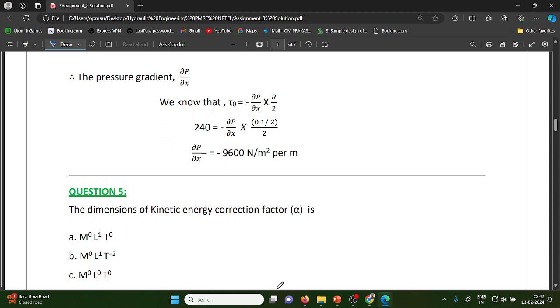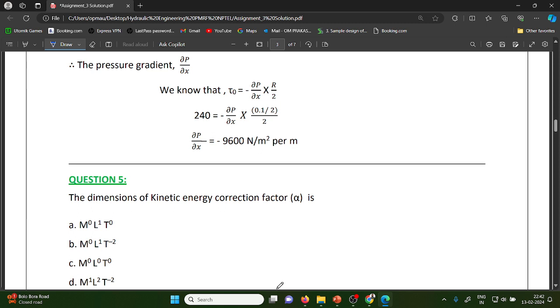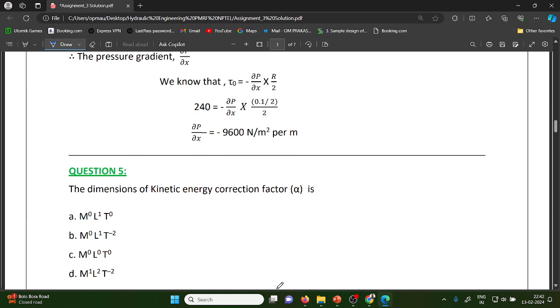Now the dimension of kinetic energy correction factor. Here is the correction factor, kinetic energy correction factor, what I was talking about previously in the PPT. Alpha and beta, here alpha is the kinetic energy correction factor. The dimension of this: actually it is dimensionless.